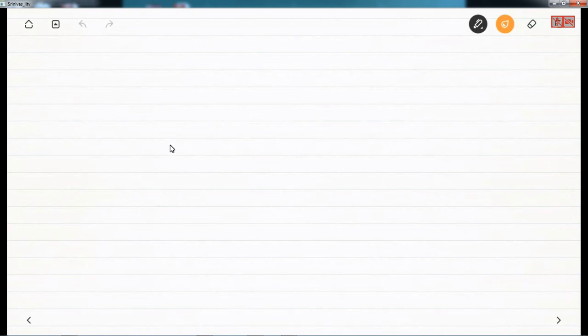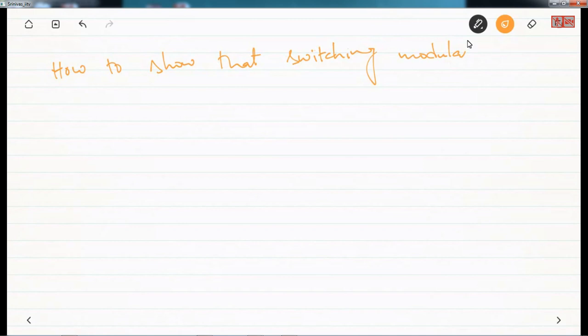So now, how to show that the switching modulator generates DSBSC?